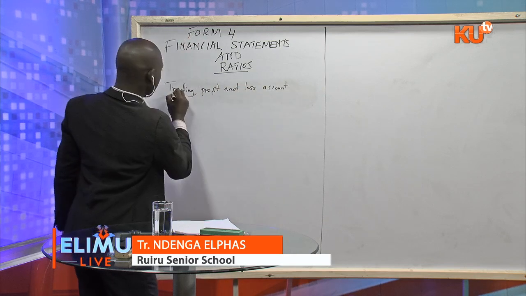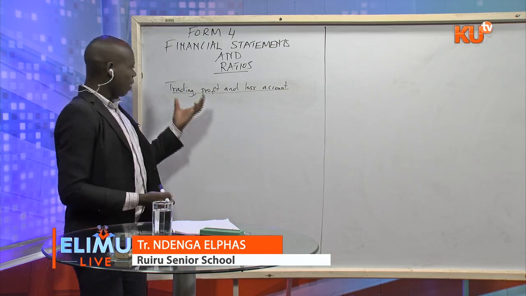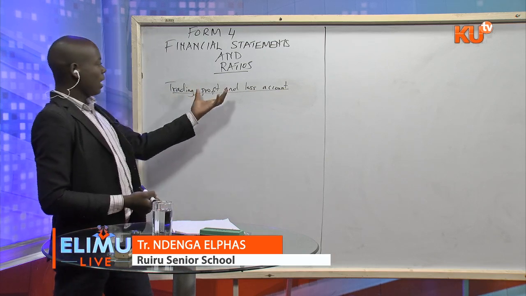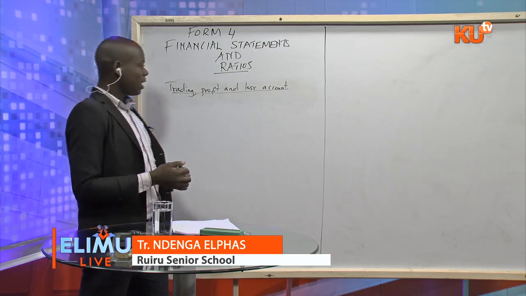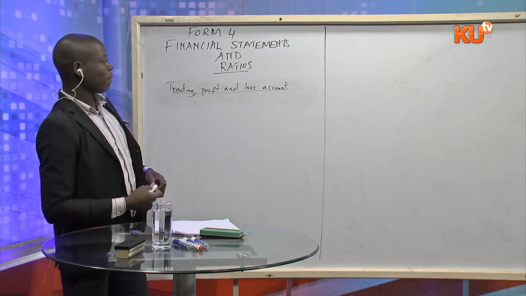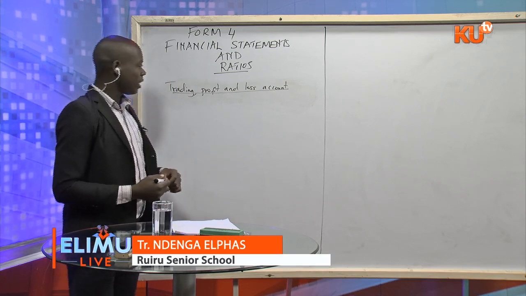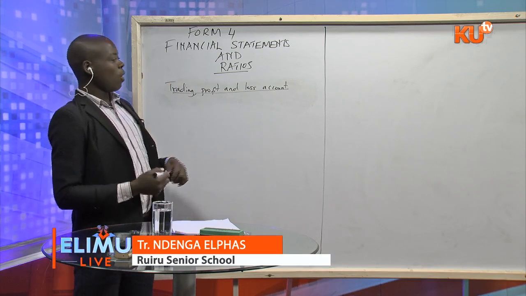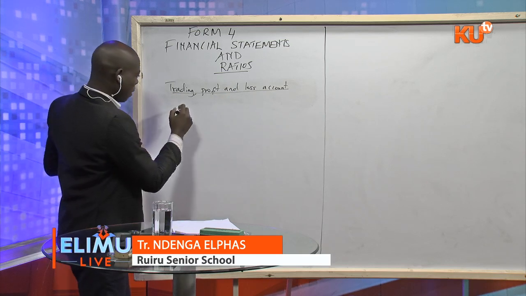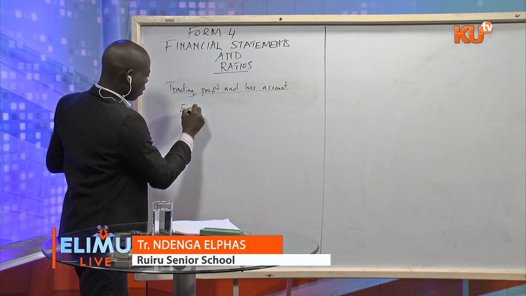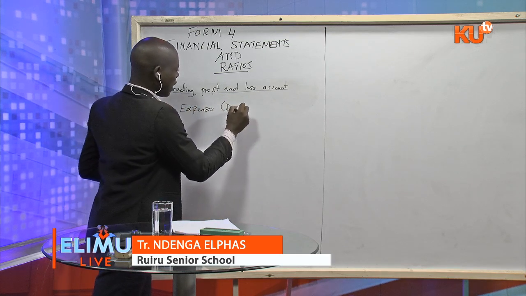Now, this is one statement in which the trading account and the profit and loss account are combined together to form what we call the trading profit and loss account. Even before I give the format, what we need to understand is that in the profit and loss account, we talk of expenses being debited, or written on the DR side.